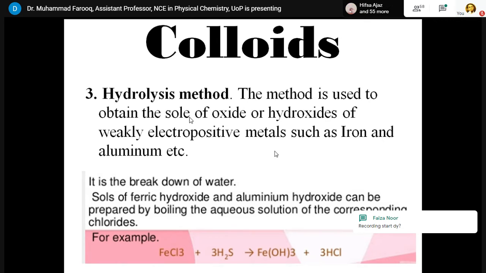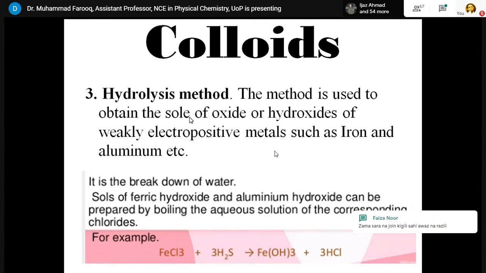I mean electropositive, which have less tendency to lose electron. These are the weakly electropositive metals, such as iron and aluminum. So sol of ferric hydroxide and aluminum hydroxide can be prepared by boiling the aqueous solution of the corresponding chloride. You can see, for example, FeCl3, water.